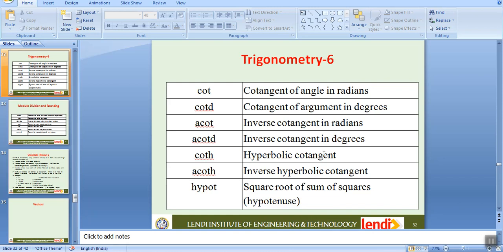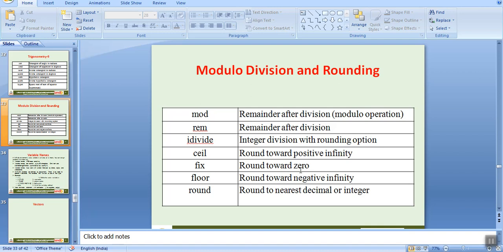Suppose if you want to find the square root of the sum of the squares, we will use hypot. We will discuss it later in the corresponding subject.